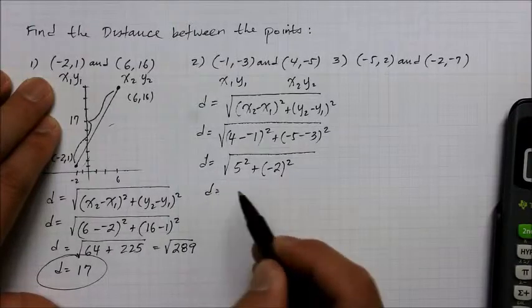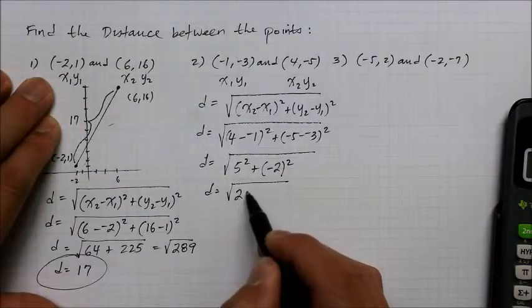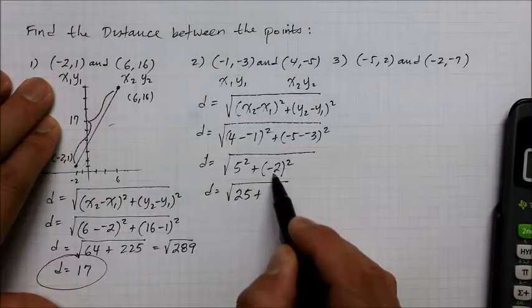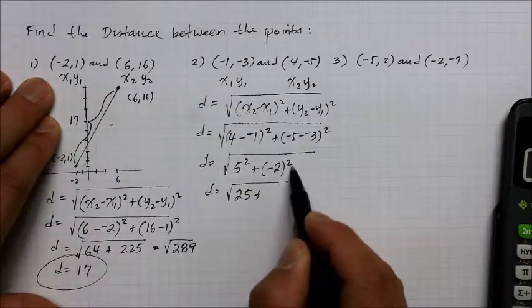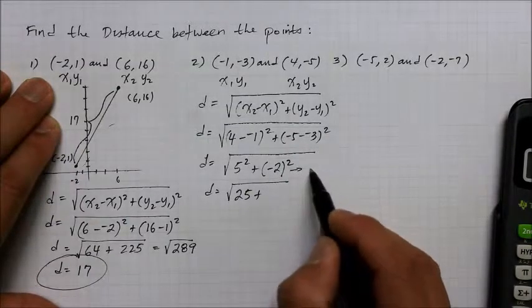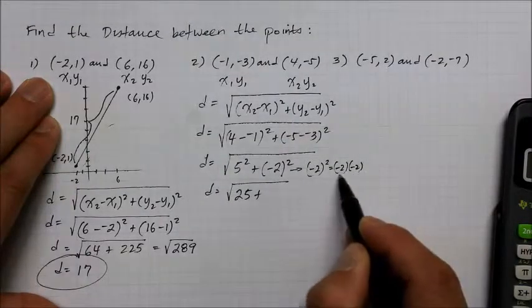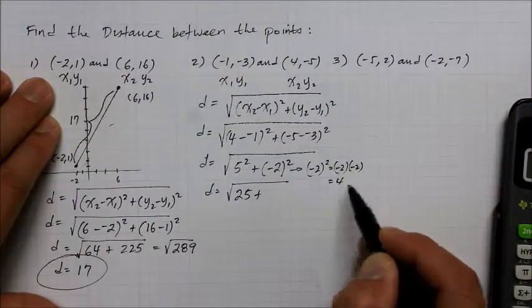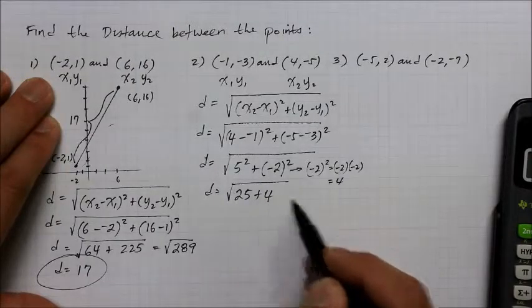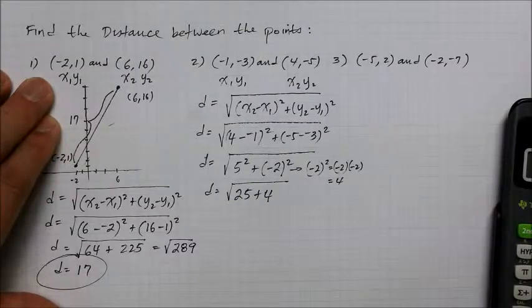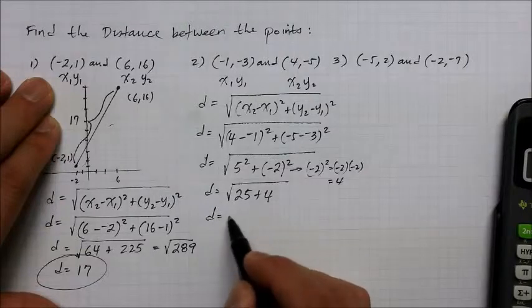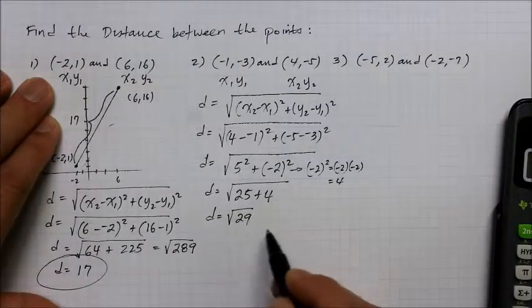And now we say that's the square root of 25 plus negative 2 times another negative 2, because it's being squared, remember? Negative 2 squared means negative 2 times another negative 2. Negative times negative is positive. So that's 4 right there. And then that becomes square root of 29.